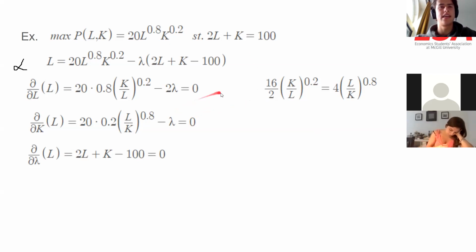So we'll now set the two first order conditions equal to each other. I did somewhat skip a step over here. I hope that's clear, because the 2 lambda now goes to the opposite side if this is 0, so we divide by 2, and 20 times 0.8 is 16, so 16 divided by 2 times (K over L) to the power of 0.2.